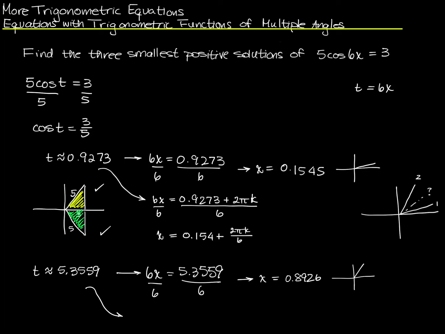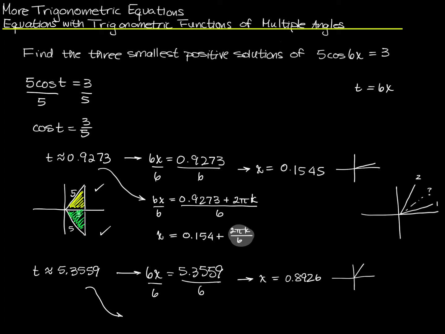This is the piece that many students don't quite get right. I've added 2 pi k to my primary solution, the one I found by substituting, and then I have to divide both sides by 6. I'm dividing that 2 pi k by 6 as well. That's the piece that a lot of people forget.